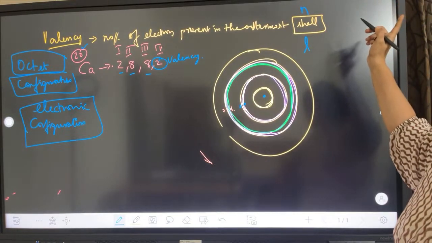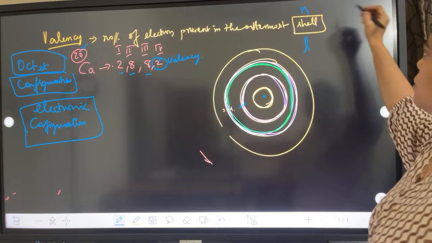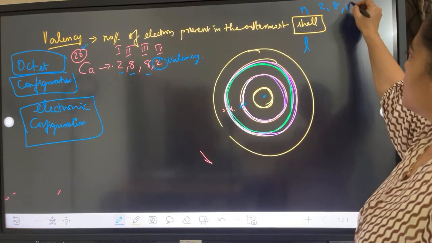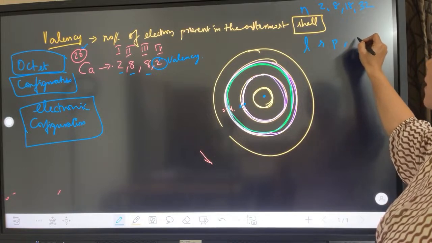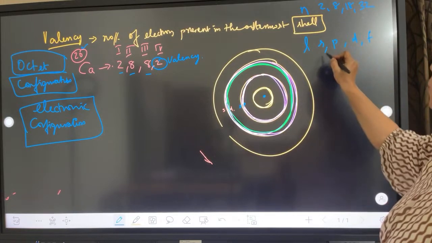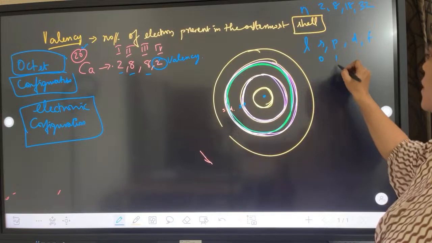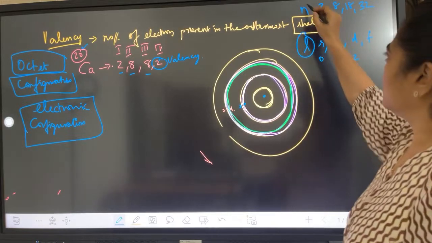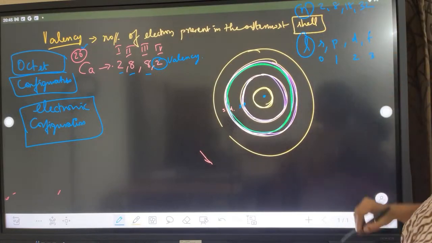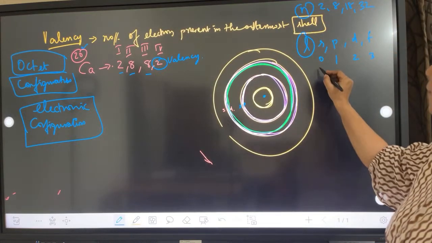Clear or not? So 2, 8, 18 and 32. What is the L level? S level, P level, D level, F level. For the S value it is 0, for the P value it is 1, D value is 2 and F value is 3.